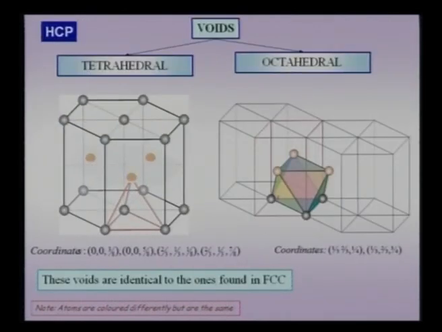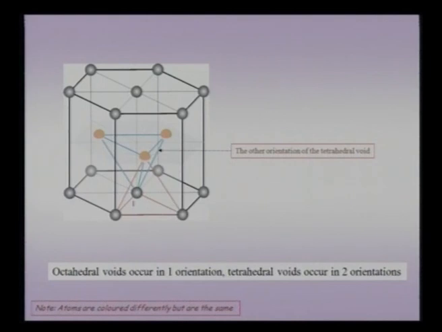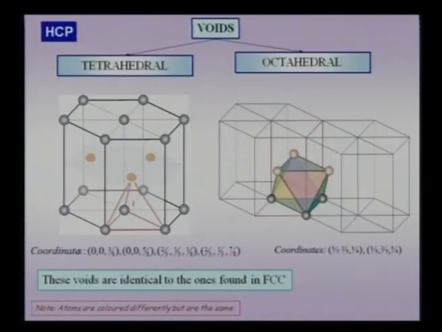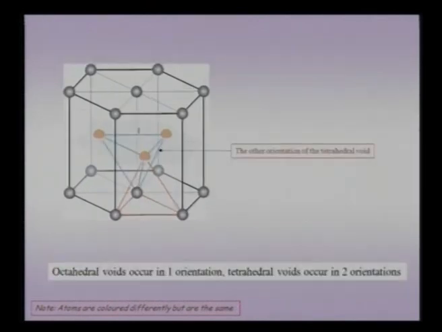The tetrahedral void is easy to visualize. For instance, this is one position of the tetrahedral void, and there is an equivalent position of the tetrahedral void. But if you look at the orientation of the tetrahedron, this tetrahedron is oriented upwards, while the tetrahedron in this figure is oriented downwards. This tetrahedron is formed by the 3 atoms in the mid plane, and suppose I am talking about a zinc crystal, this would be 3 zinc atoms sitting in the mid plane and the atom which is shared between 3 unit cells.